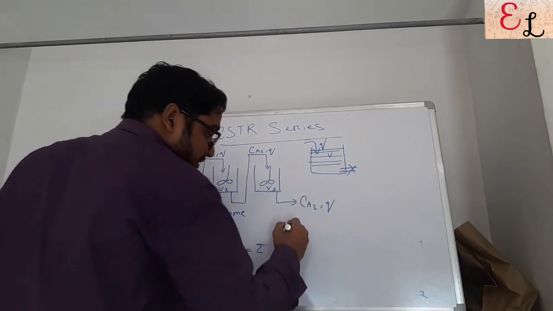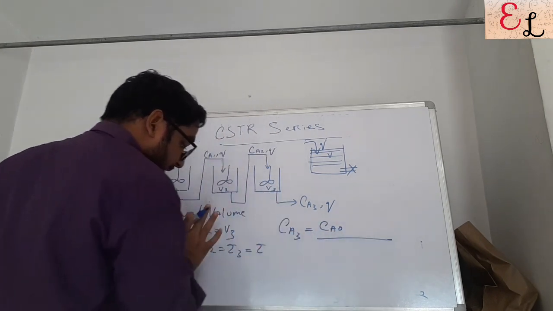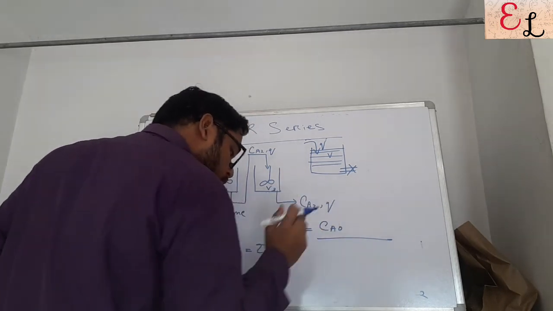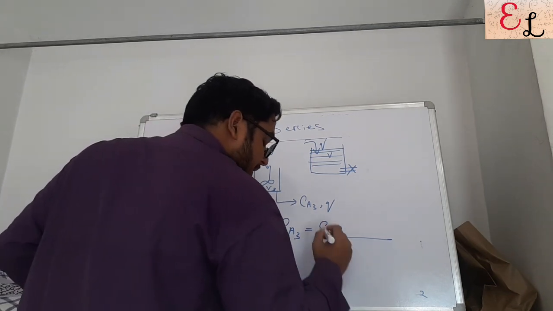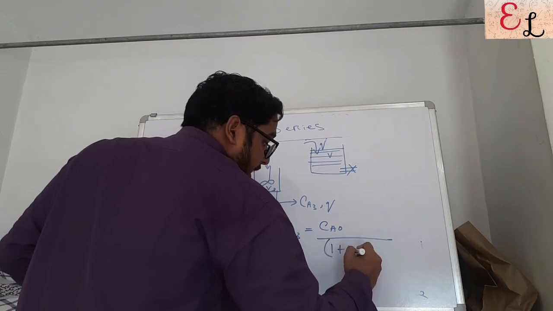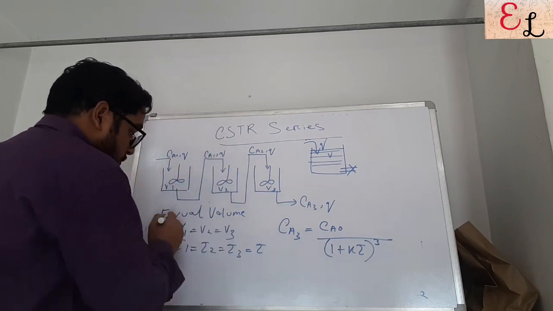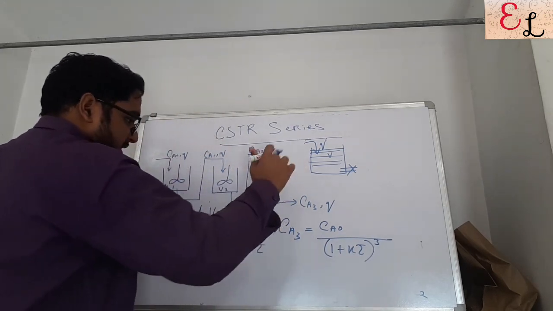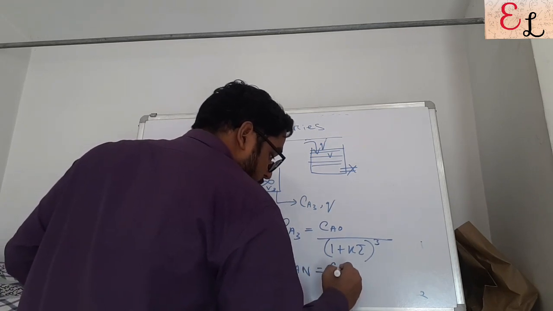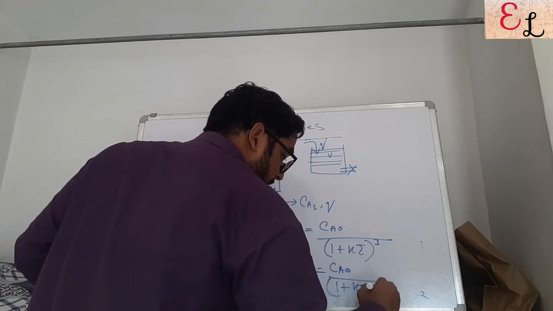So CA3 becomes CA0 by 1 plus K tau into 1 plus K tau into 1 plus K tau, which is 1 plus K tau to the power 3. So for equal volume CSTRs in series, CAN becomes CA0 by 1 plus K tau to the power n.